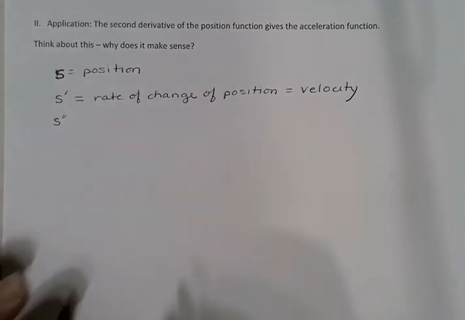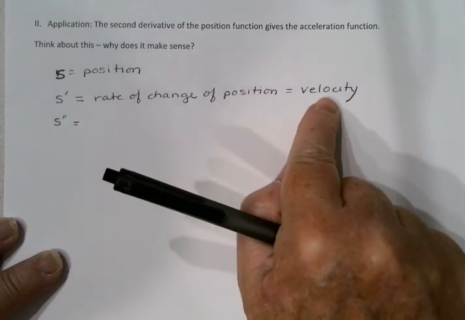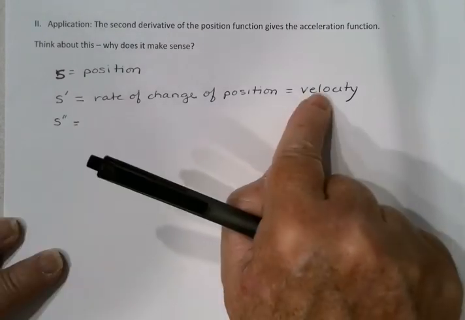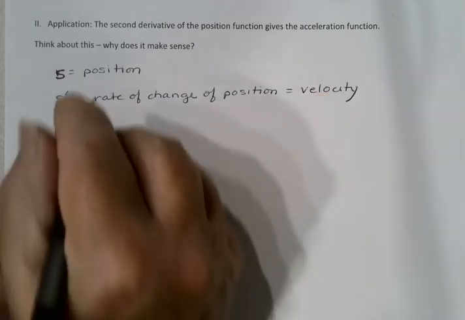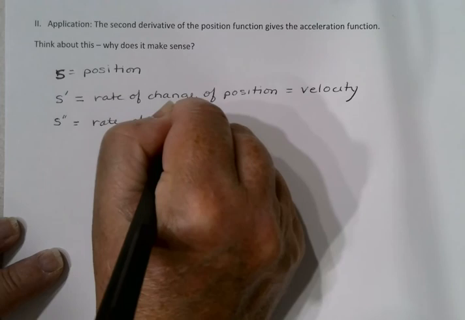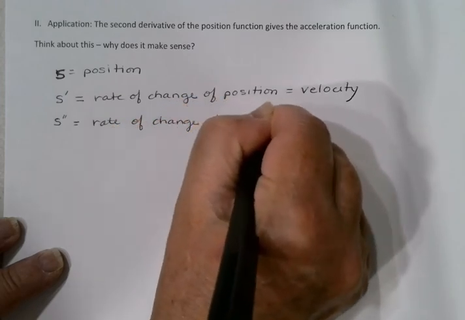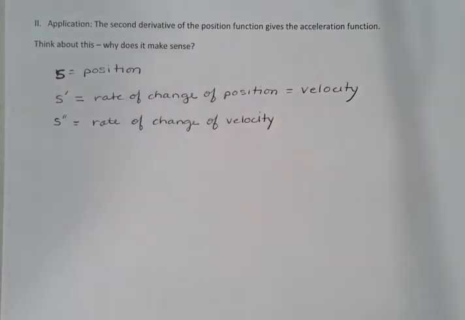Let's think about that for a minute. If the first derivative is velocity, and this is the derivative of that, this is the rate of change of velocity. Well, what do we call the rate of change of velocity?